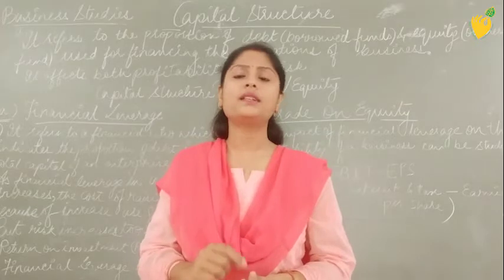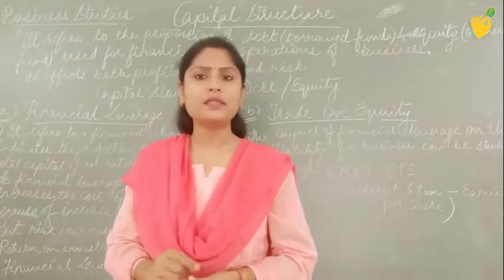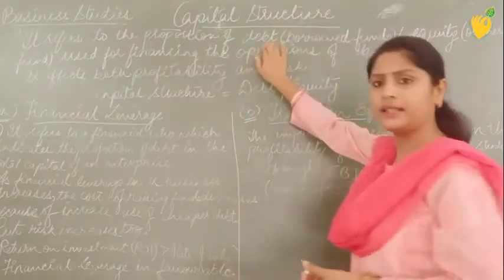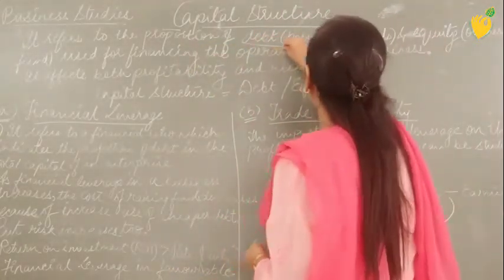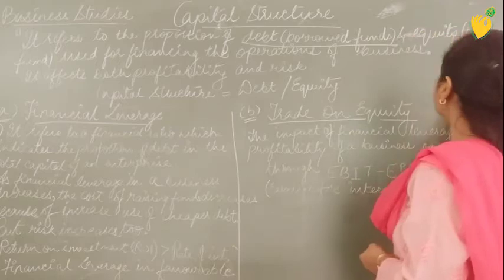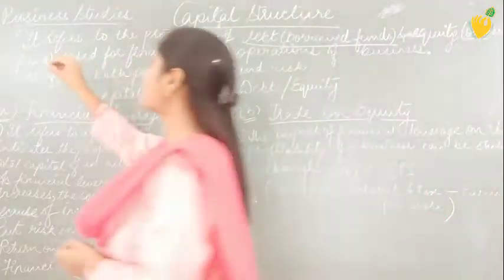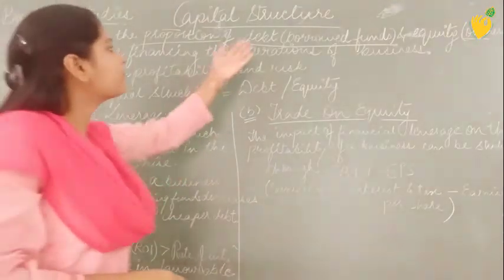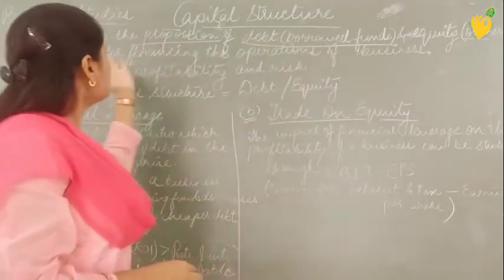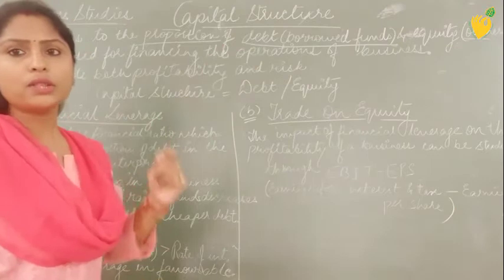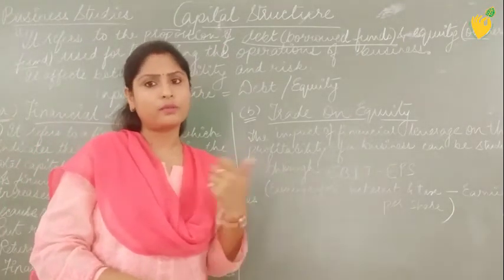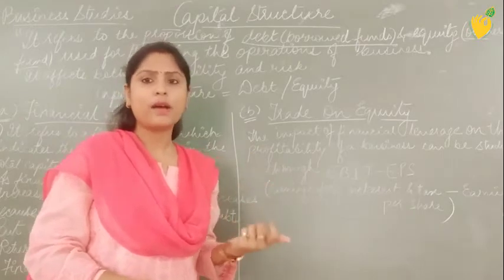Let's understand it more deeply with the help of the statement. It refers to a proportion of debt, which is borrowed funds, and equity, which is owner's fund. So as I said, it is a combination of borrowed funds and owner's fund. Every time we talk about owner's and borrowed funds, we are not going to call them by these names.